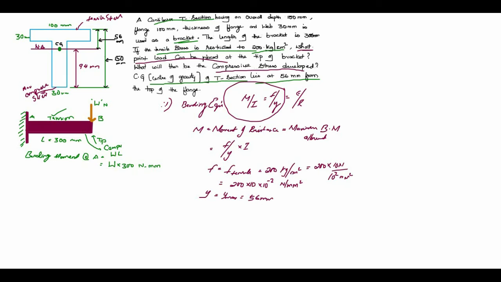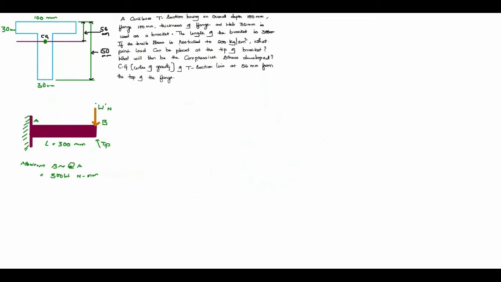finally we have the value of F and the value of Y. And the other unknown is I, moment of inertia. So let us calculate that. So the moment of inertia I is equals to 13.748 into 10 to the power of 6 mm power 4.